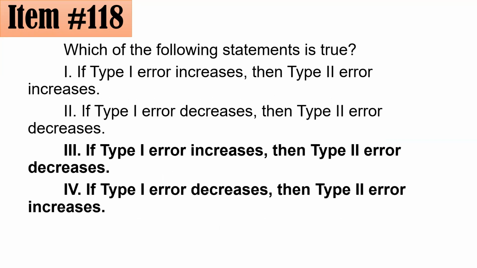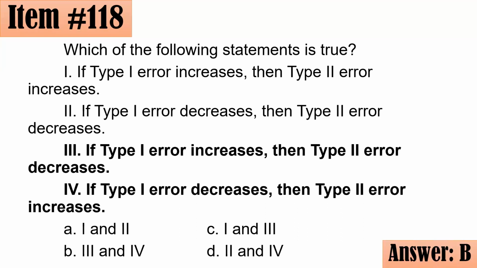Therefore, if type 1 increases, type 2 decreases. Or if type 1 decreases, type 2 should increase. That's why 3 and 4, letter B is the correct answer. Okay. I hope you got it.